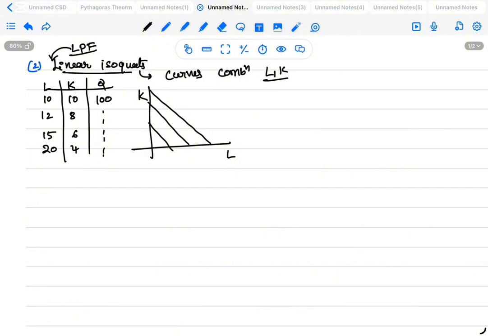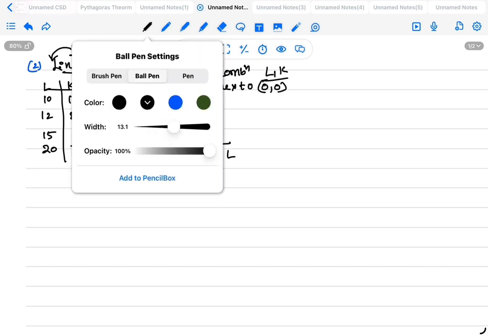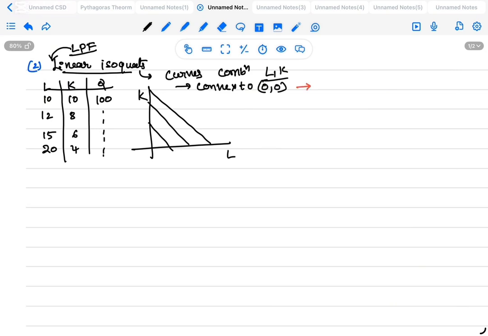And there is a property related to isoquants. These isoquants are convex to the origin. Convex to the origin means that as we move to the right side of the graph, the substitution of L and K becomes very hard.